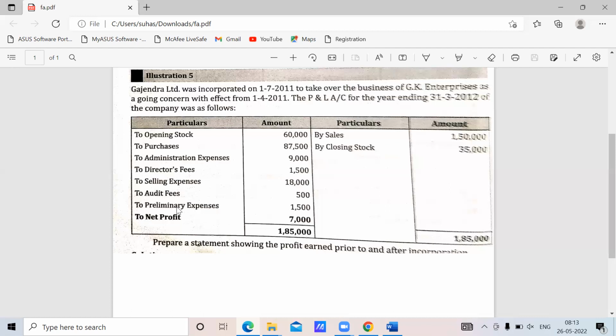We won't be getting any negative balance. Suppose if you get a negative balance, it will be transferred to goodwill. Just show it as goodwill. Now, pre-incorporation profit, call it capital reserve. Post-incorporation profit, call it P&L appropriation account. Sir, can you repeat that again? I'll take notes.